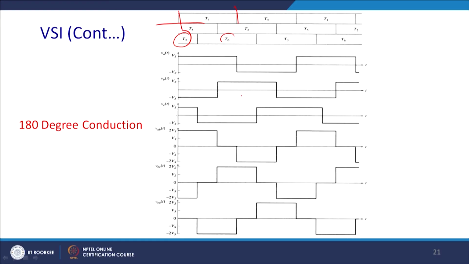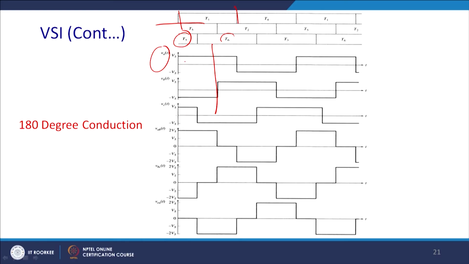So, Va will have this kind of pattern, and thereafter you will get Vb, which will be 120 degree phase shifted, and similarly you will have Vc, which will be 240 degree phase shifted or 60 degree leading.